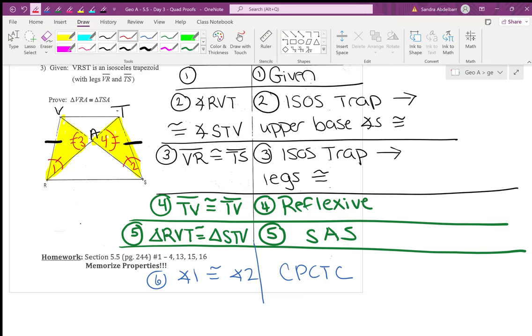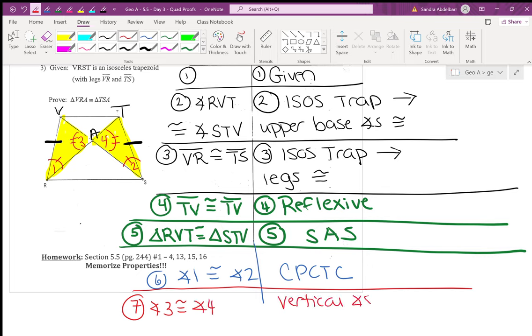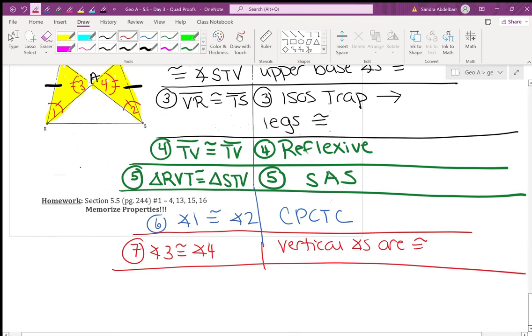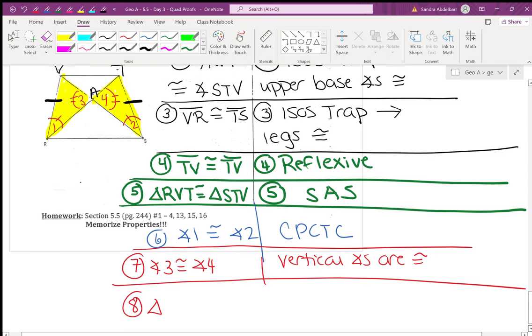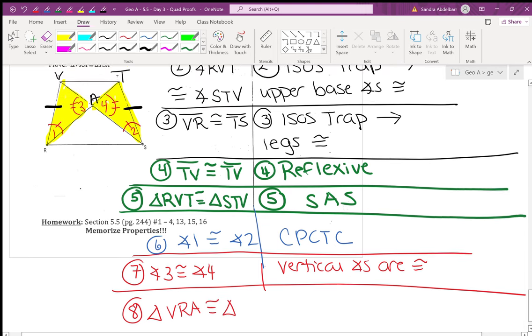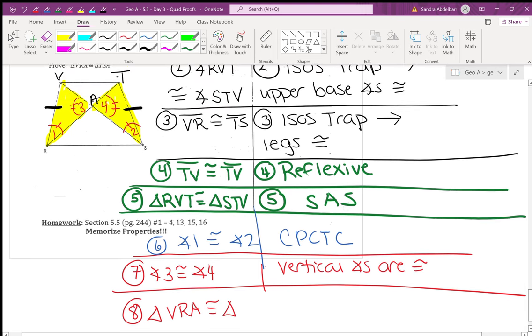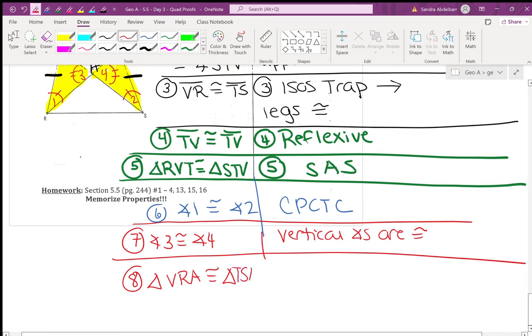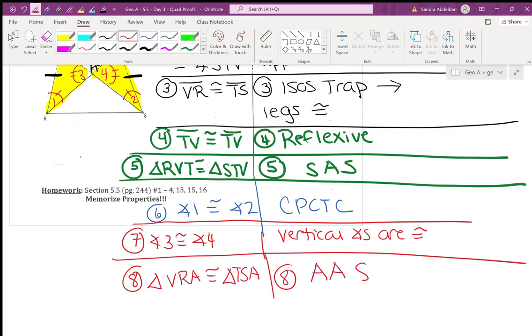Yeah, we are now allowed to use, since section 7.2, angle, angle, side. So step number 7, we're going to say angle 3 is congruent to angle 4, vertical angles are congruent. And then we can finally say triangle VRA is congruent to triangle TSA, angle, angle, side.